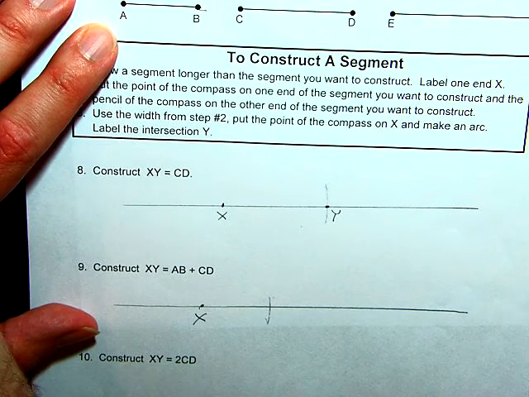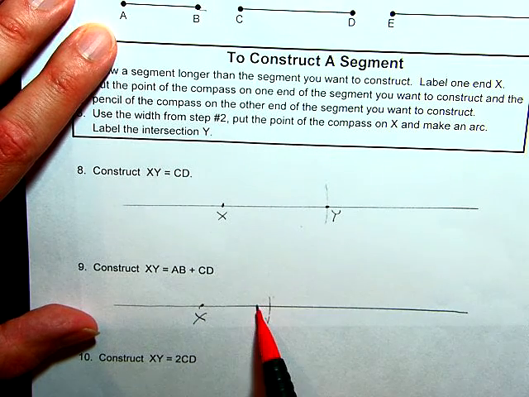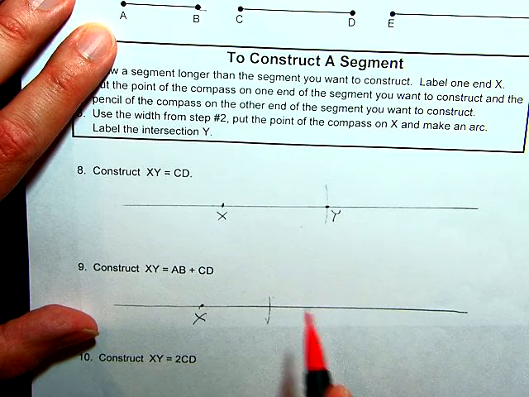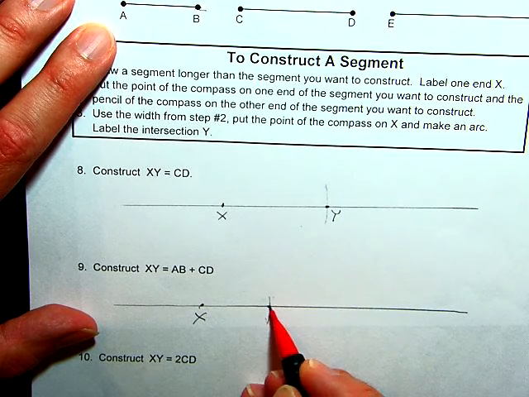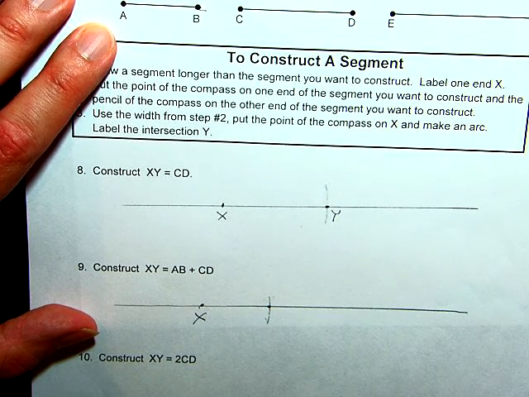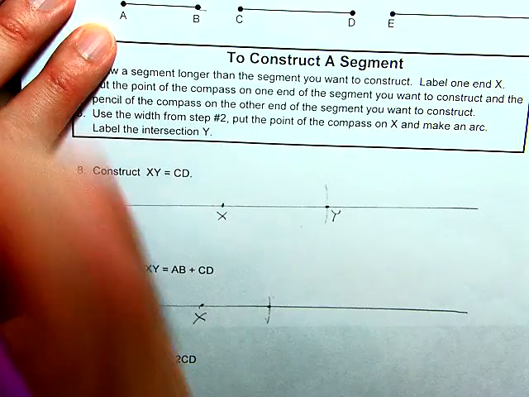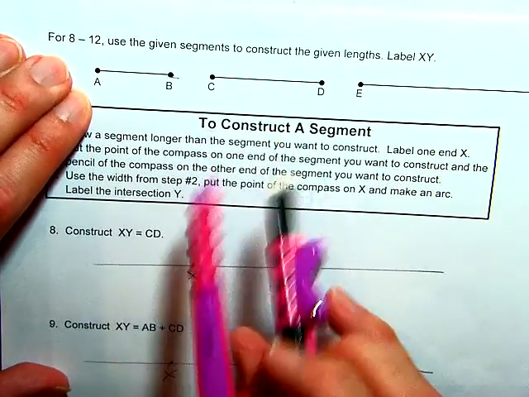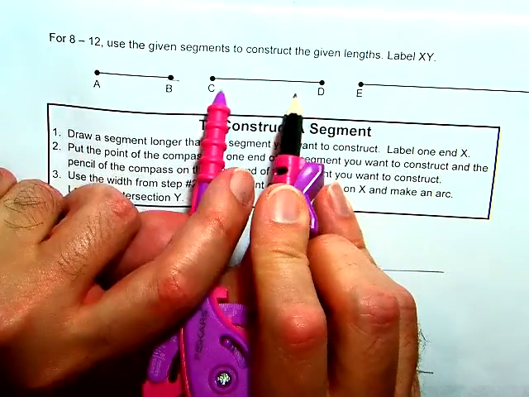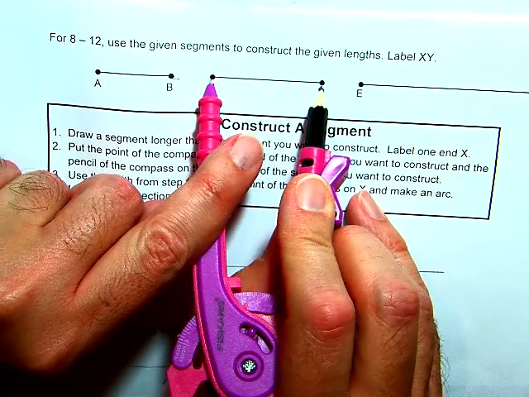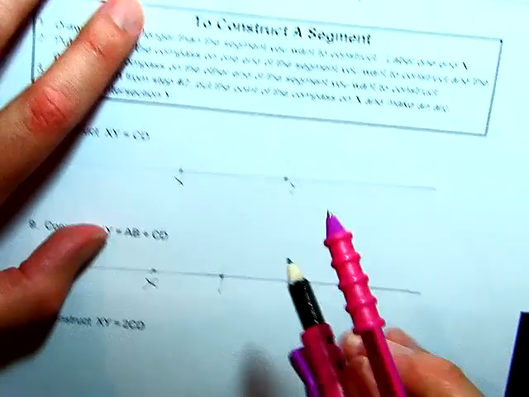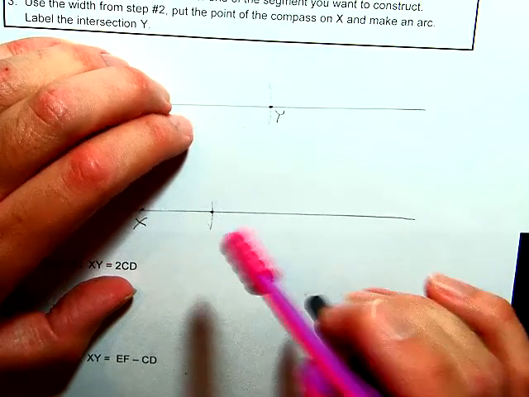So this is now the length of AB. But I don't just want the length of AB. I want the length of AB plus CD. I want to make a little mark over here, a point where that arc intersects the line. And now I'm going to take my compass, and I've got to add CD to it. So I'm going to open the compass so that CD is the opening of the compass, like that. Now I'm going to go back down to my line, to where I drew this point over here.